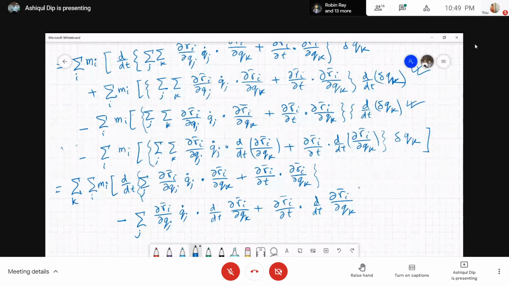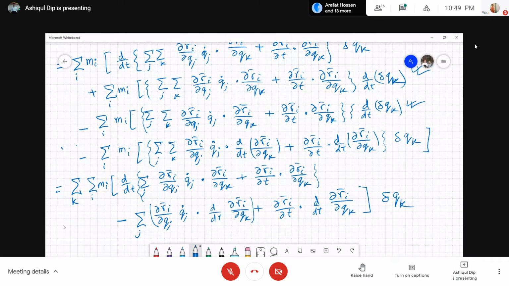You can write like that, okay? This term is inside of the sum and the rest. Then in the parenthesis, then write down variation of qk. Okay, so we can do that. Everyone agrees? Yeah. Okay, so almost we are done actually.